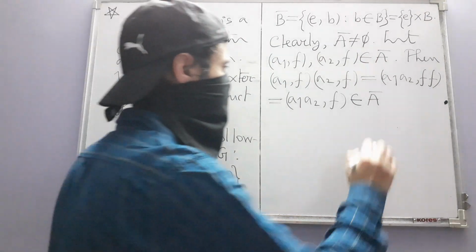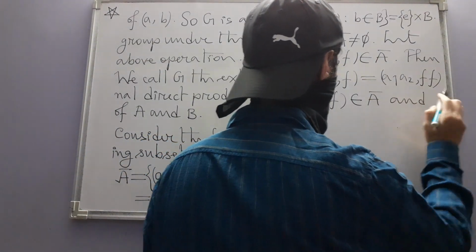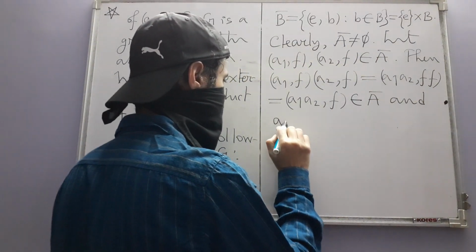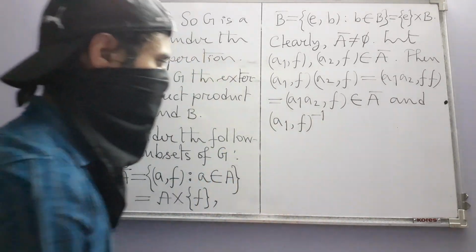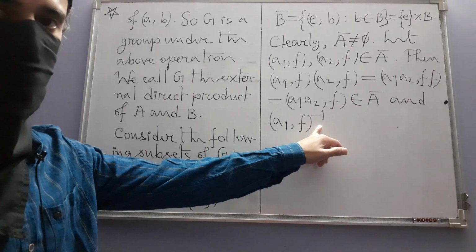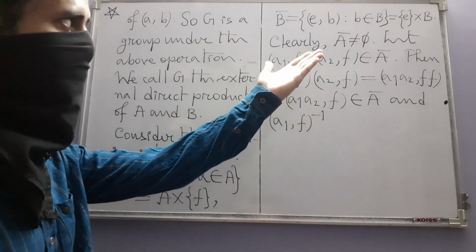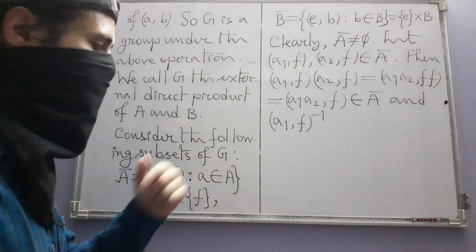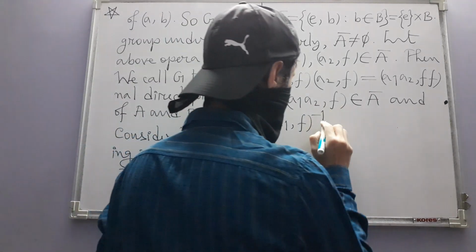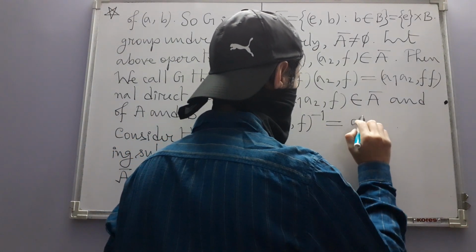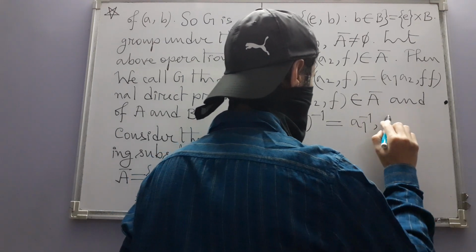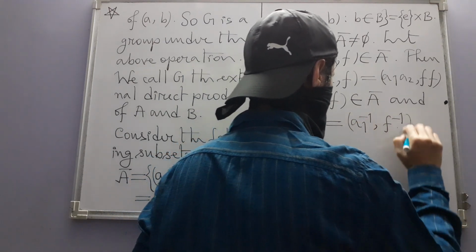And what if we consider the inverse of this? Now I can write the inverse because I already know that capital G is a group. Also, we already know what this inverse is. This is (A1 inverse, F inverse).